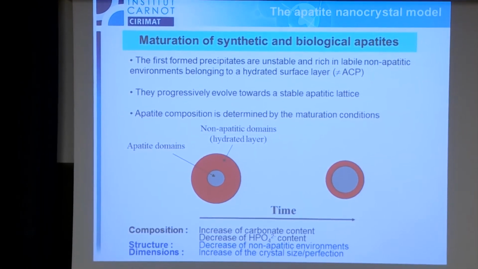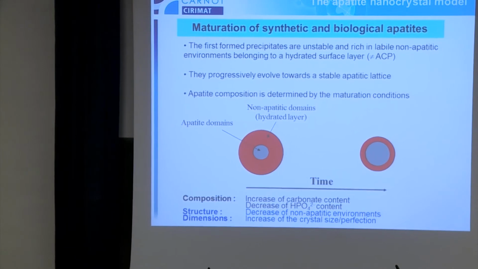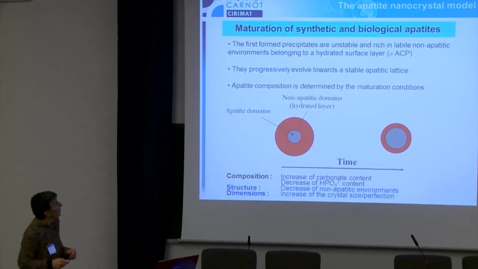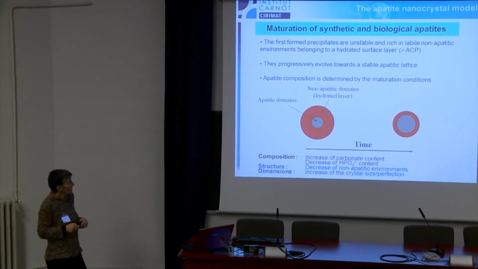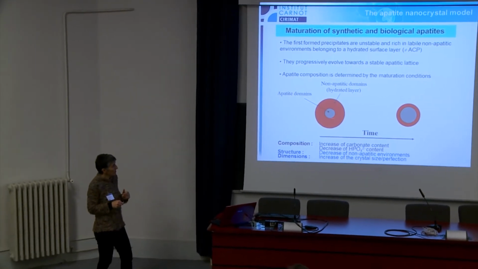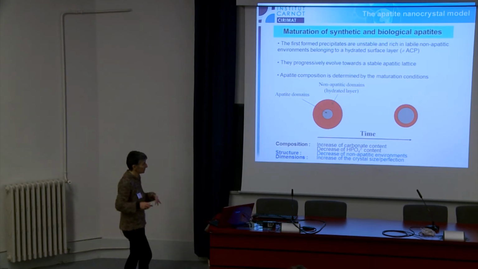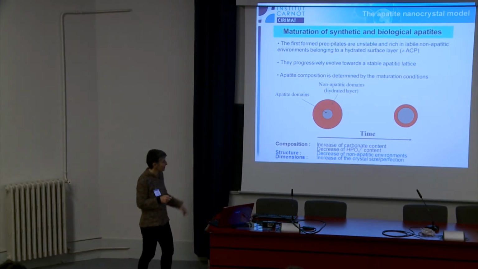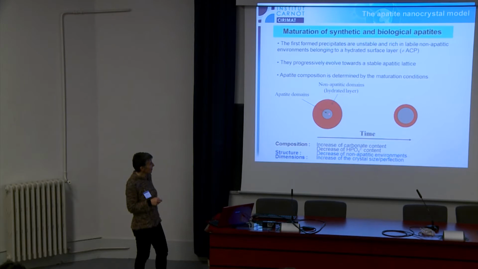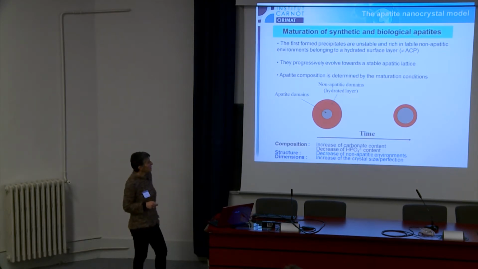So how can this model explain what we saw biologically? With time, here you have a representation of a nanocrystal. It's spherical, but it's not, it's just a schematic representation. So here you have the apatitic domain and the extent of the hydrated layer. And with time, the apatitic domains are growing at the expense of the hydrated layer.